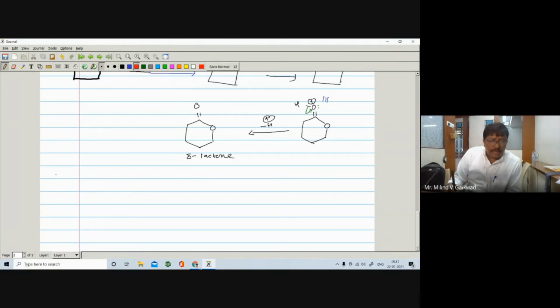Now the next example, right? Suppose we are having a 6-member ring. Now I will take a different example. C double bond O. The reaction takes place in the presence of cyclohexanone oxygenase enzyme.